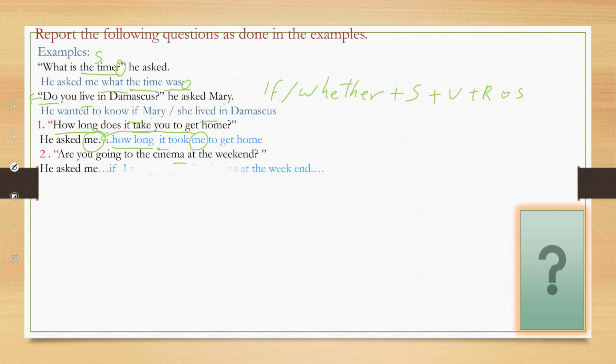Are you going to the cinema at the weekend? He asked me. He asked me here because it is a short question, a yes/no question. I should start the sentence, as I said, with if or whether. If. You is changed into I because he asked me.